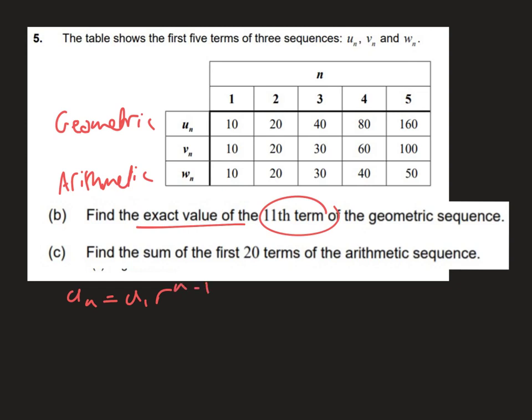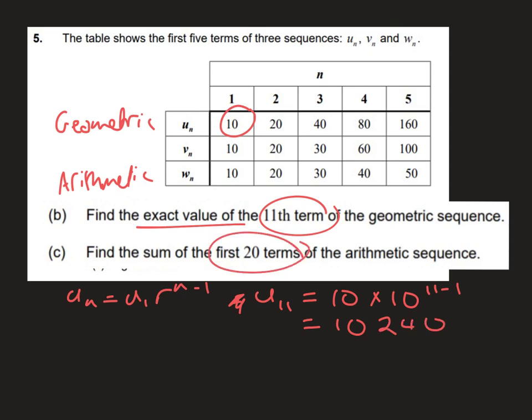So here, if we want to find the 11th number, U11 is going to be equal to U1, the first term, which is 10, multiplied by r, which we identified on the previous one, the common ratio, equals 2, to the power n minus 1. And if we do that, we end up with an answer of 10,240.